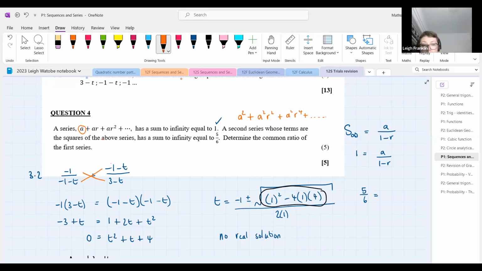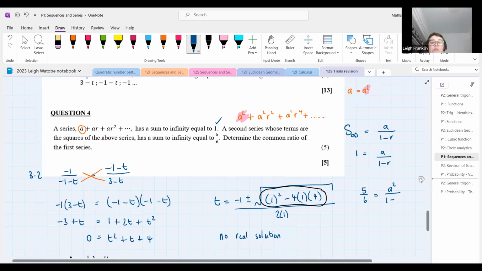Okay. Under these conditions here, our a value is now a squared. Can you see that our first term is now a squared? So that means that over here, we'd have a squared. Now we need 1 minus r. So remember, r is calculated by taking term 3 and dividing it by term 2, or taking term 2 and dividing it by term 1.